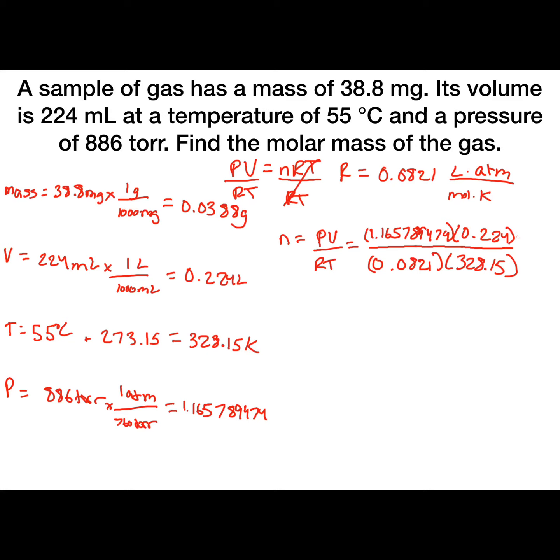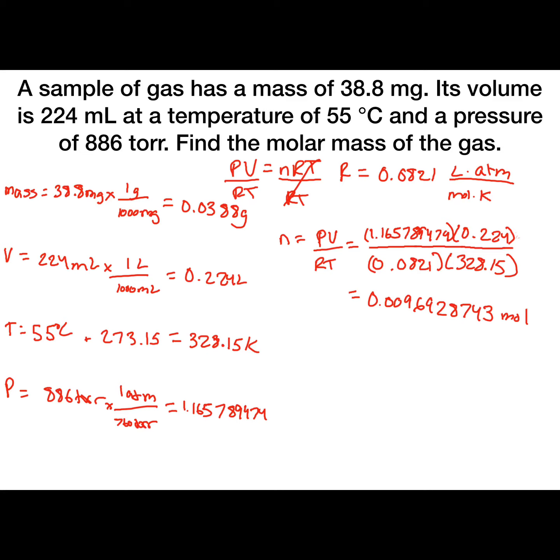Okay, so we plug this into our calculator, we get 0.009692873 moles. So that's just the first part of the equation.